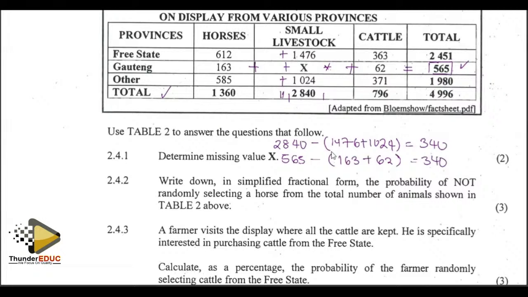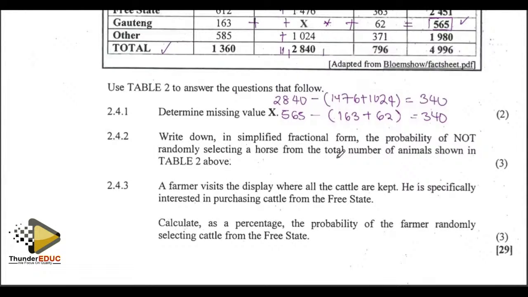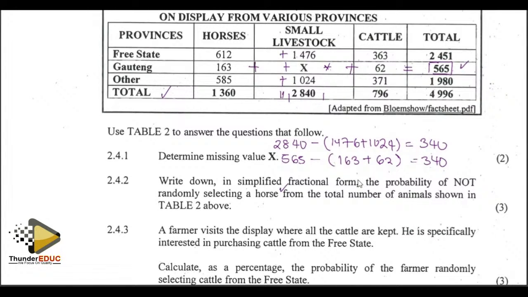All right. Question number 2.4, write down in simplified fraction form the probability of not randomly selecting a horse from the total number of animals shown in the table. The probability of not picking a horse. So, what does it mean? We're going to eliminate the number of horses from our selection. So we come to the table and we see how many horses there are. There are 1,360.